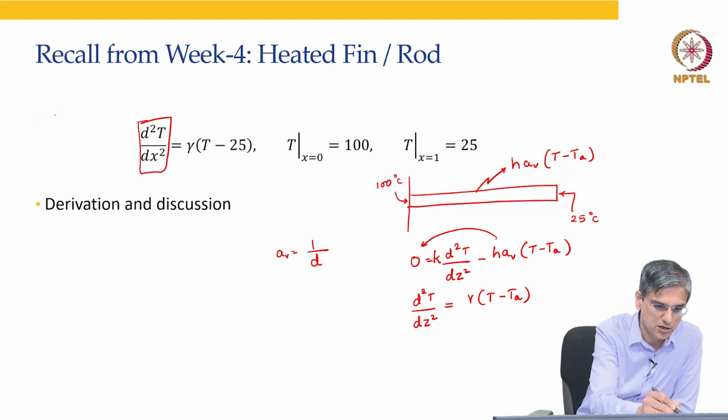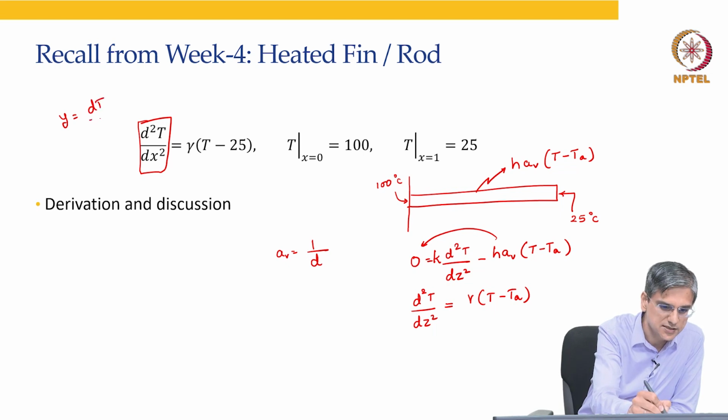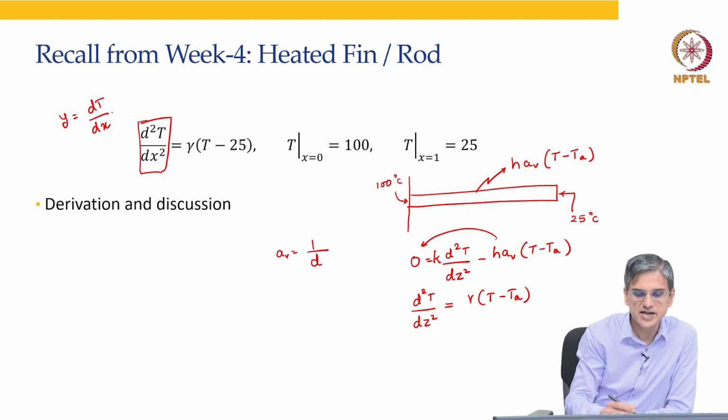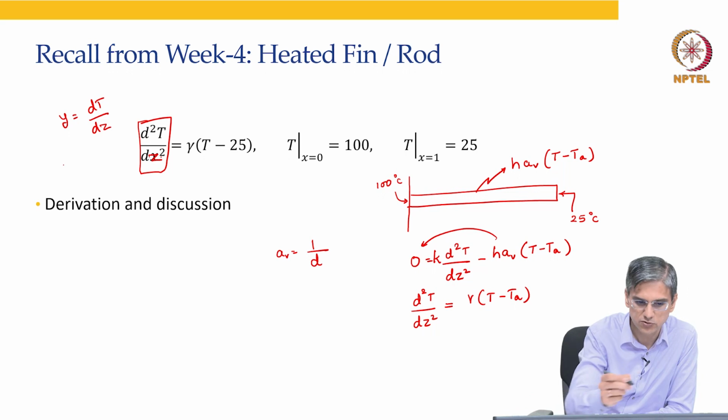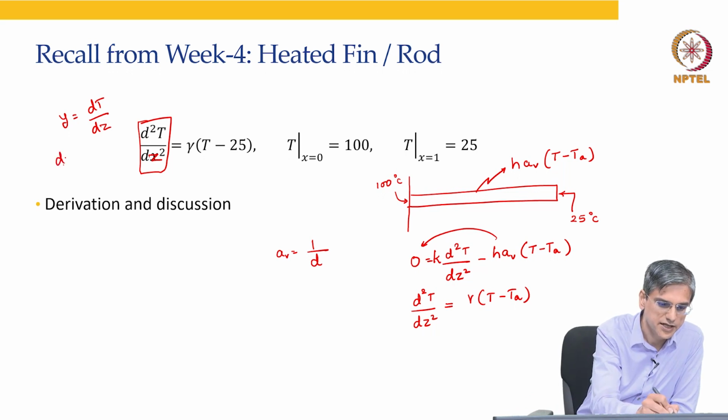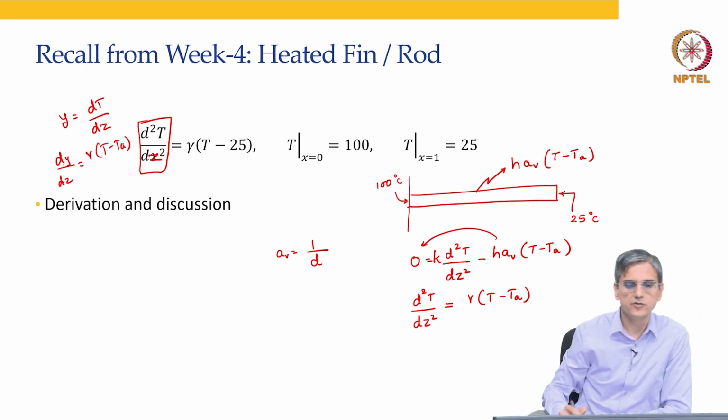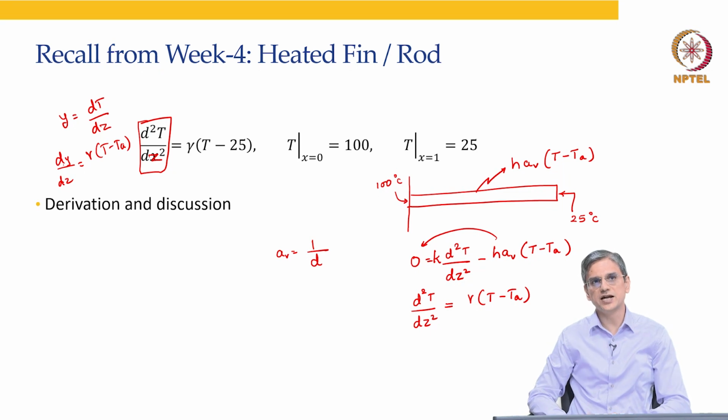By defining, let us say, small y as dT by dz, let us make this z, that is what we have used, and then dy by dz is going to be gamma times T minus Ta. That is how we had done it in week number 8.